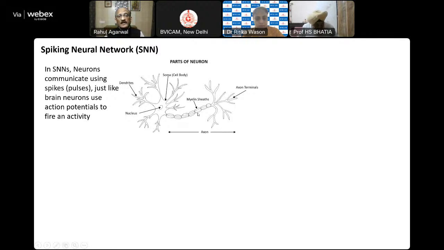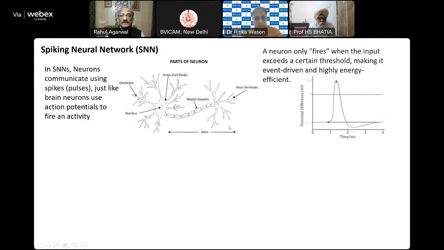And it has a tail-like structure called the axon, and at the end it has multiple axon terminals. This is the structure, and a number of such neurons help in creating a neural pathway. Now, a neuron only fires when the input exceeds a certain threshold.